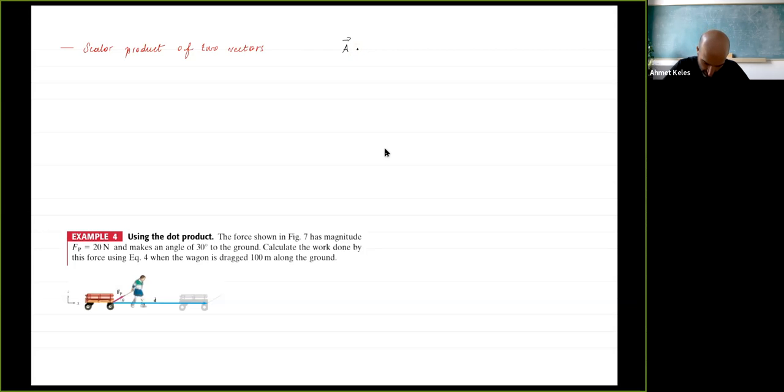We call it the scalar product. And let's say we are interested in the scalar product of two vectors, A and B. I don't know A and B, but suppose they are given, okay? And I want to call this scalar product, or sometimes people call it the dot product.